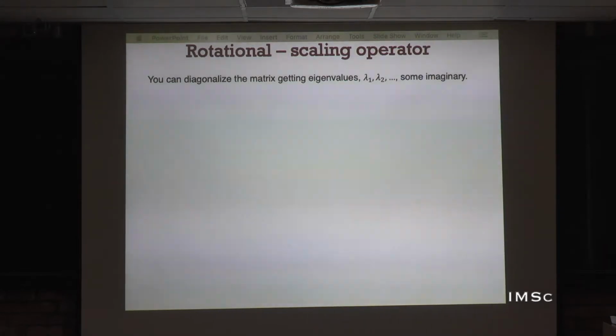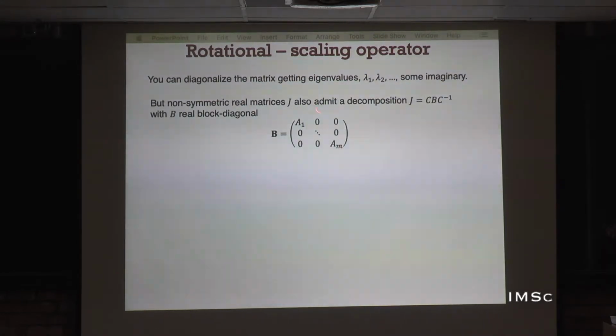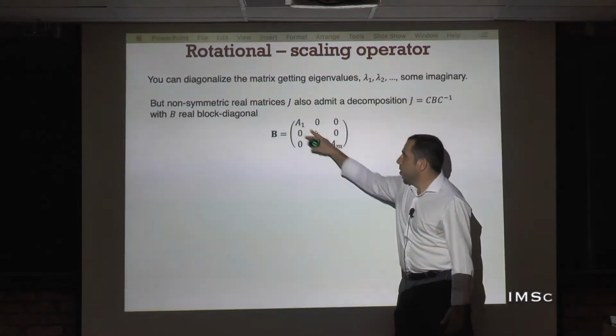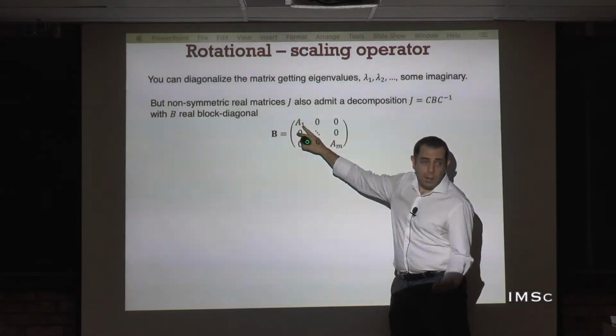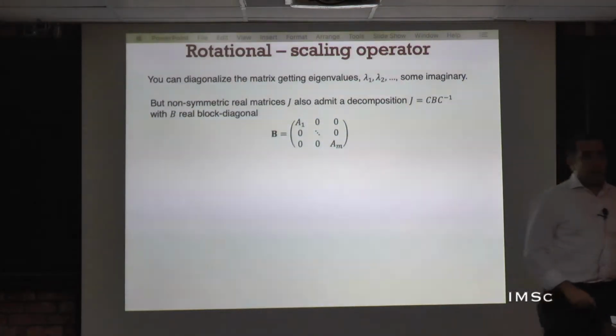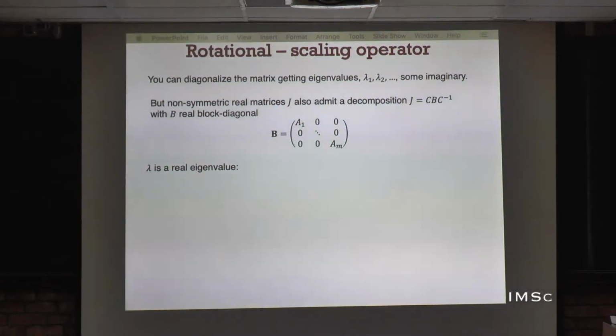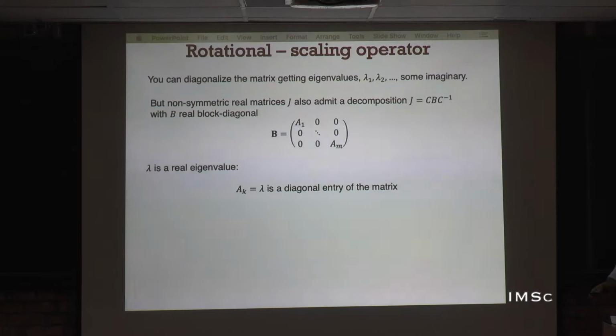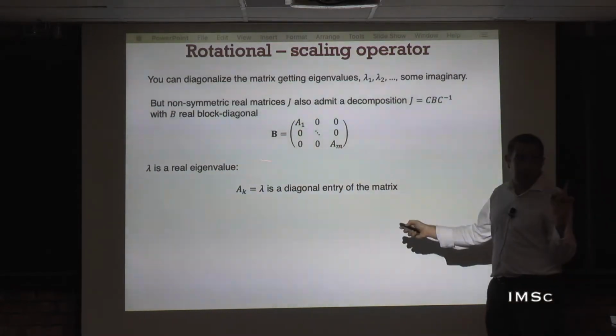Well, actually, your non-symmetric matrix admits another decomposition, which is not diagonalization, which is a block diagonalization. Each element here will be either a scalar or a matrix. Essentially, if you find when you diagonalize that an eigenvalue is real, then the block is a 1 by 1 block, so it's just a number, exactly equal to the eigenvalue.